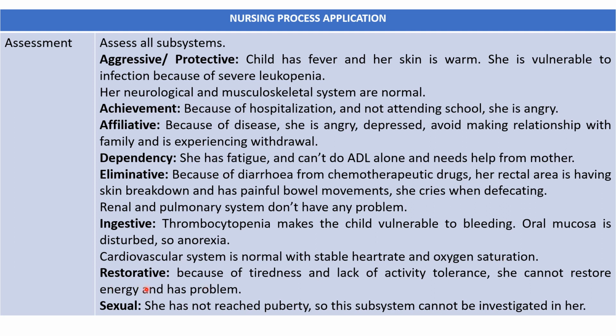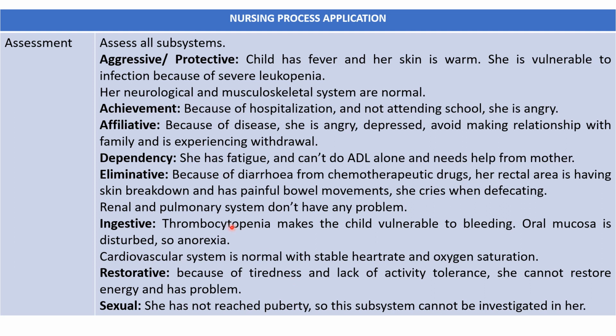The restorative system: because of tiredness and lack of activity tolerance, she cannot restore her energy and has some problem. The sexual system: she has not reached puberty, so this subsystem cannot be investigated in her. So this is the assessment which the nurse has done.